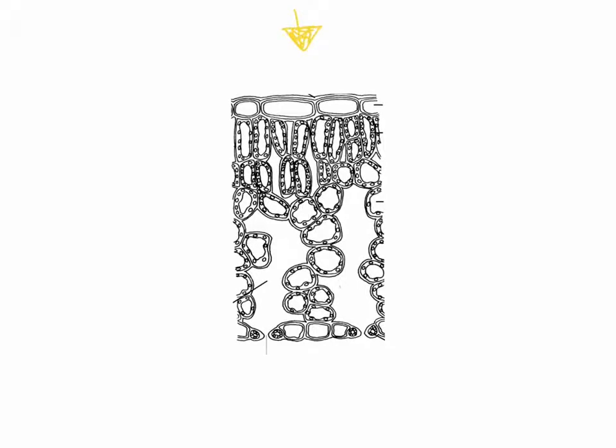Now if we look at the leaf, we can see different tissue layers. You learnt in the last section that a tissue is a group of cells that are all basically the same, performing the same job. So if we were to draw a line there and there, we can see that we've got one layer of cells at the top here. Now, you've maybe heard of the word epidermis, and you've heard of that word in association with your skin.